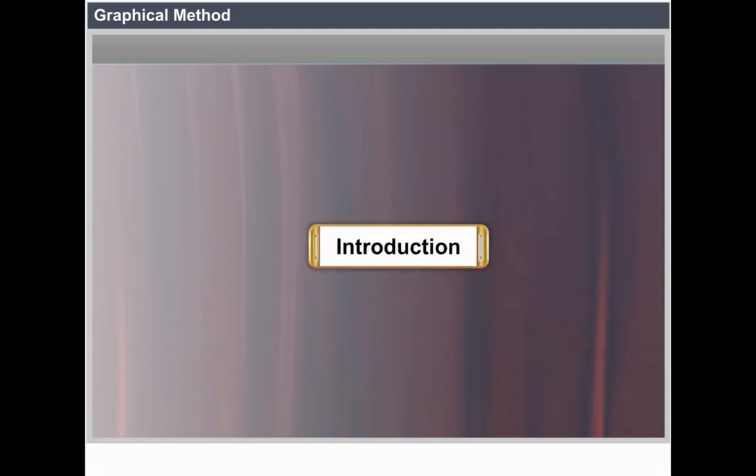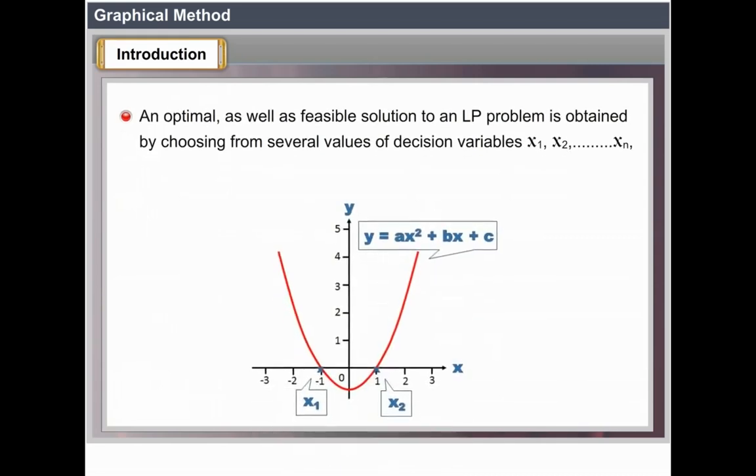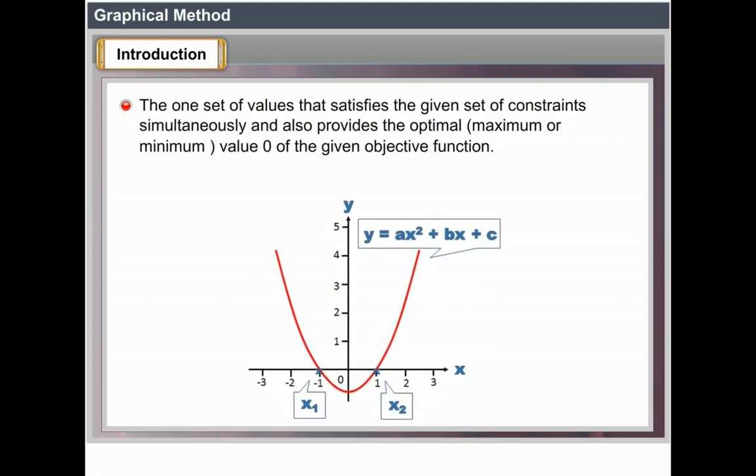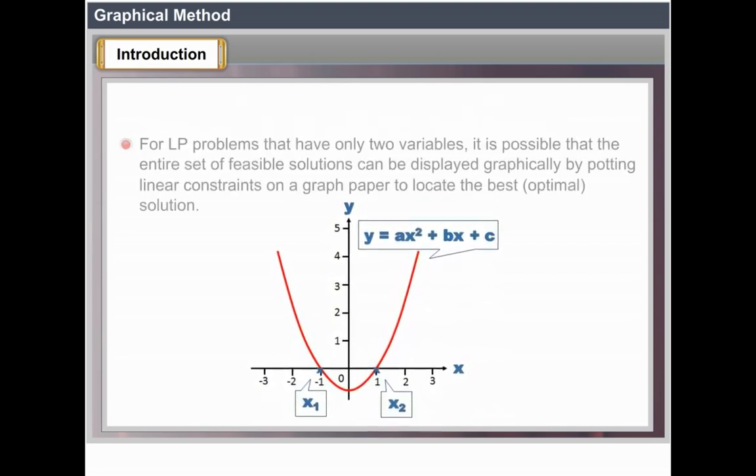Graphical method. Introduction. An optimal as well as feasible solution to a linear programming problem is obtained by choosing from several values of decision variables x1, x2, up to xn, the set of values that satisfies the given set of constraints simultaneously and also provides the optimal, maximum or minimum value of the given objective function.